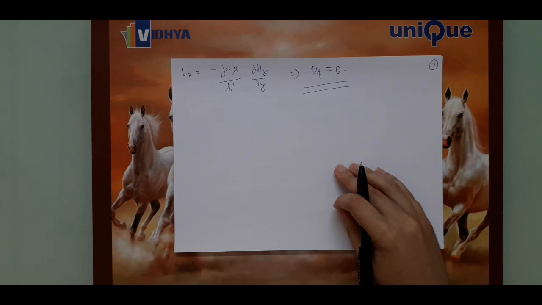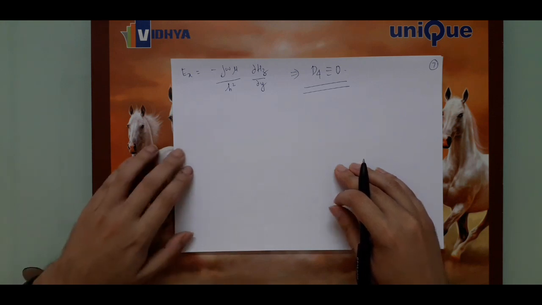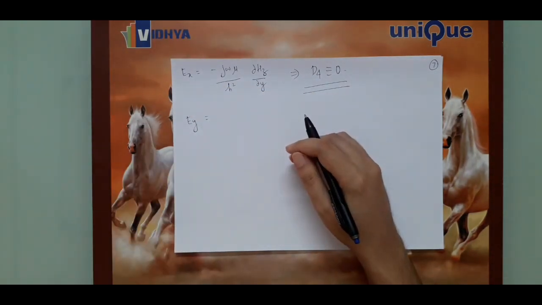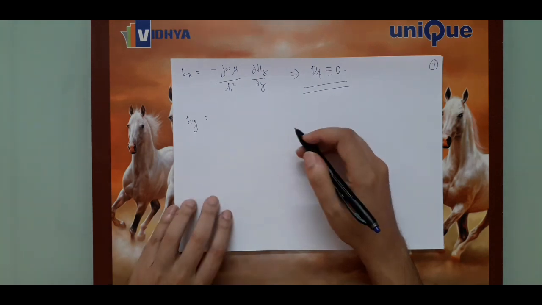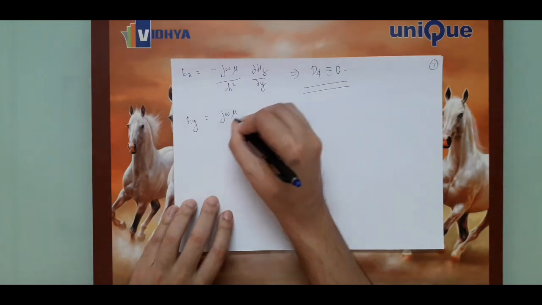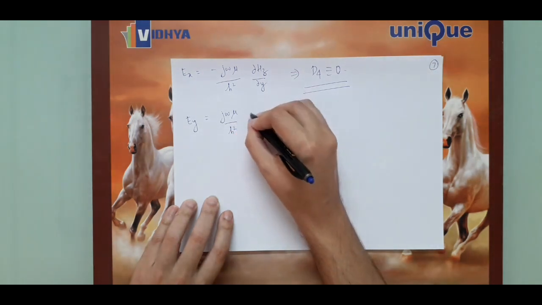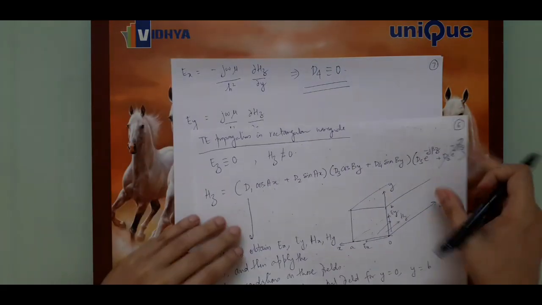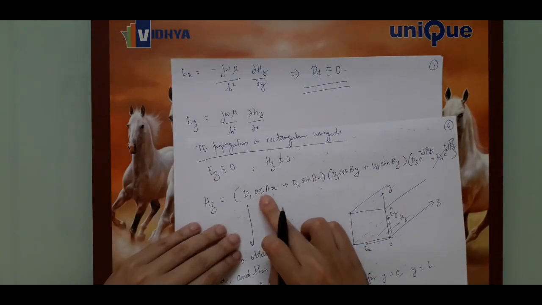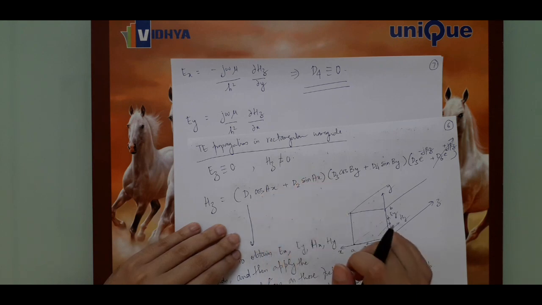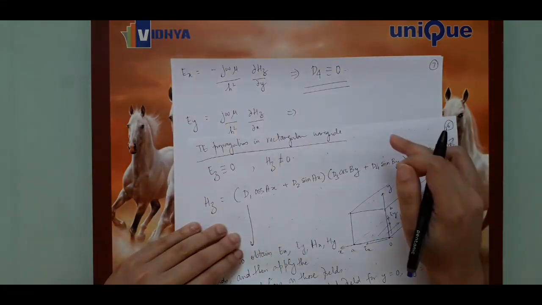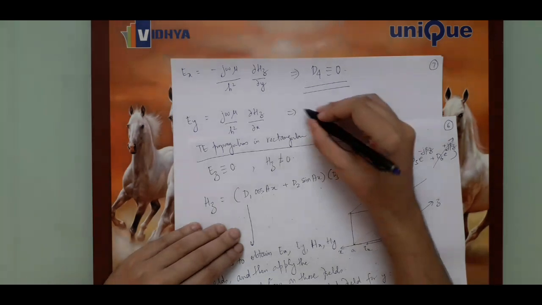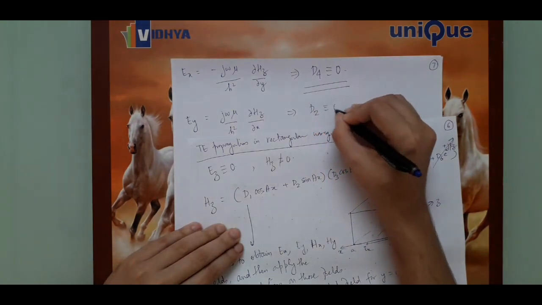Likewise, if you now look at Ey, that is j omega mu by h square dHz by dx. If I differentiate this, I will get a D1 sine term plus D2 cos term. So for Ey to be 0 at x equal to 0 and x equal to a, we will have to put D2 as 0.